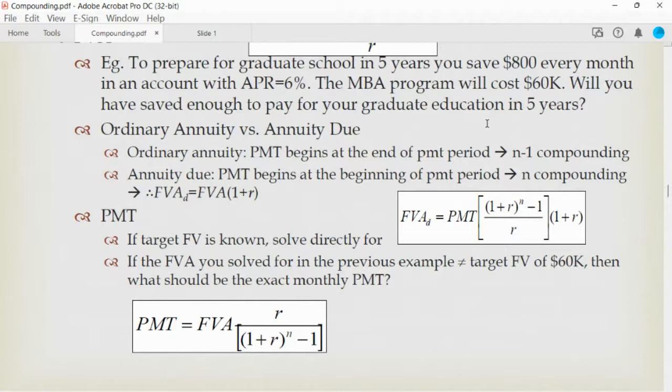Let's say you can save $800 every month, and it has to be a constant amount. It shouldn't be erratic. It should be a constant amount at a constant interval, so you shouldn't skip.